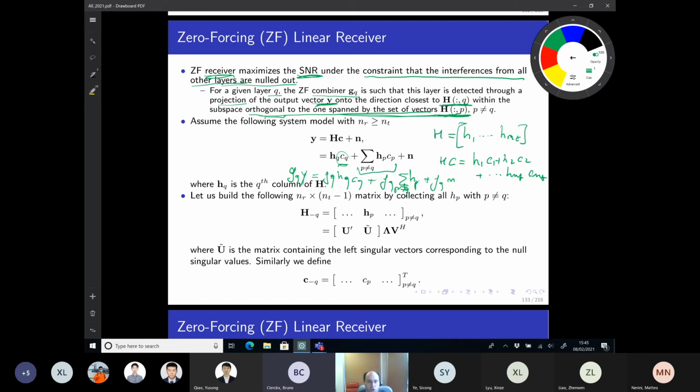So that will be the closest to HQ. So to do some kind of maximum ratio transmission in the direction of HQ while still being orthogonal to all those HP.